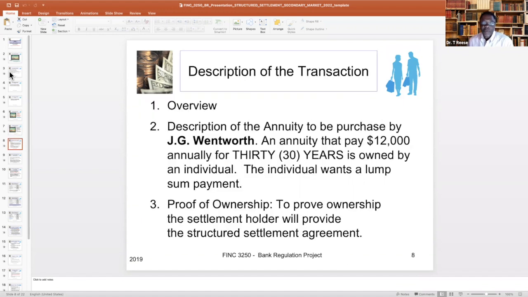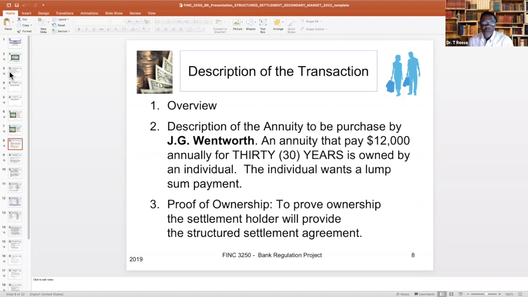All right, now we're on slide 8. You're going to provide a description of the transaction. Now, in this case, I have laid out the transaction you're going to review. You're going to review a transaction where J.G. Wentworth purchases an annuity. That annuity pays $12,000 a year annually for 30 years and is owned by an individual.